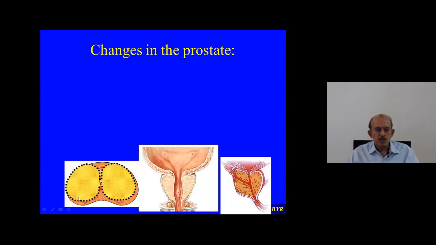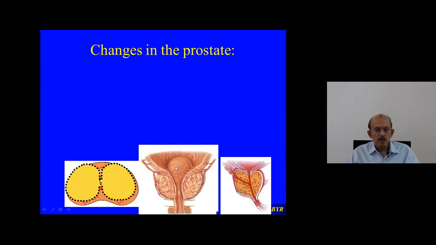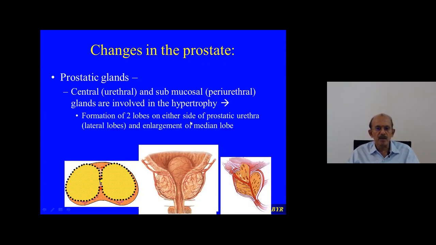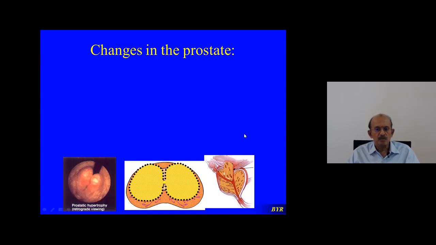That leads to the enlargement of two lateral lobes and one median lobe. Central and submucosal glands are involved in the hypertrophy, which leads to formation of two lobes on either side of the prostatic urethra and enlargement of the median lobe.